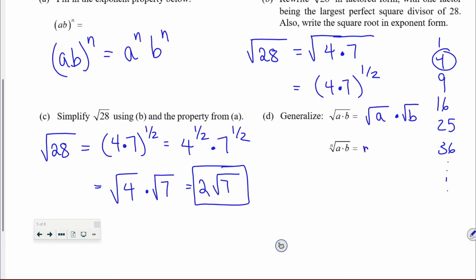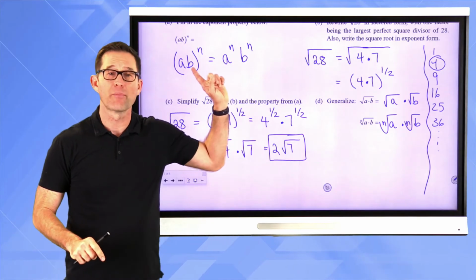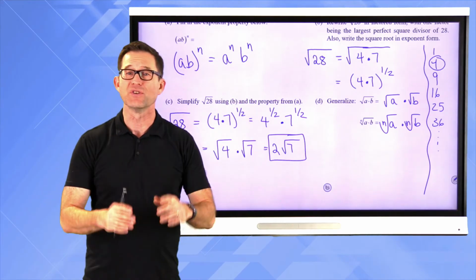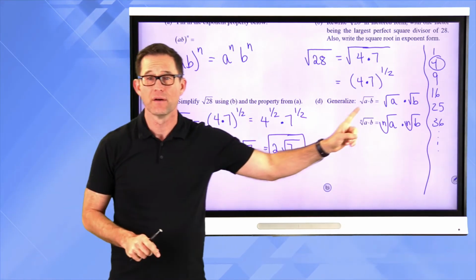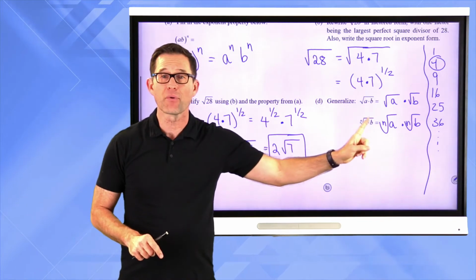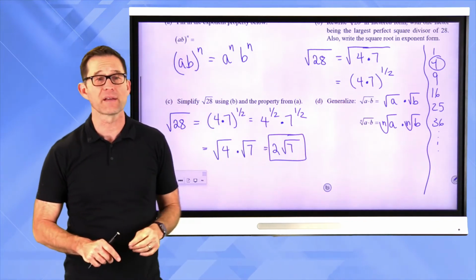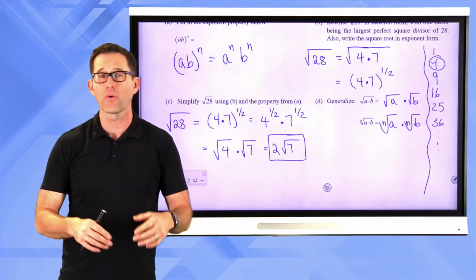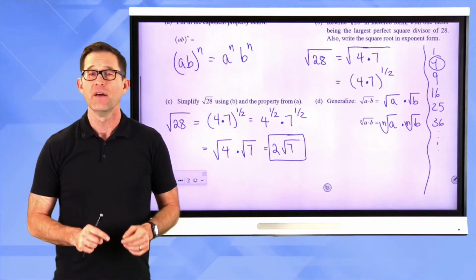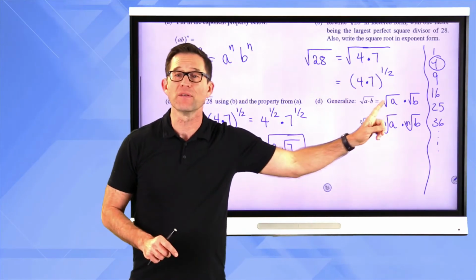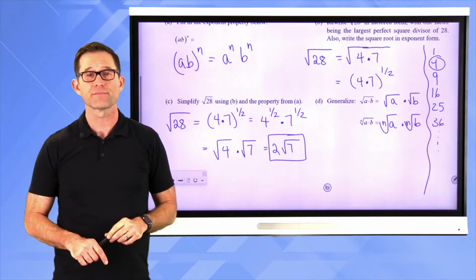And I can say more generally that this is the nth root of a times the nth root of b. Because all I'm really doing is using that exponent property from part A, which is if I have a product raised to an exponent, whether that exponent is fractional or whole number or negative or anything else, then I can apply that exponent to each part of the product.